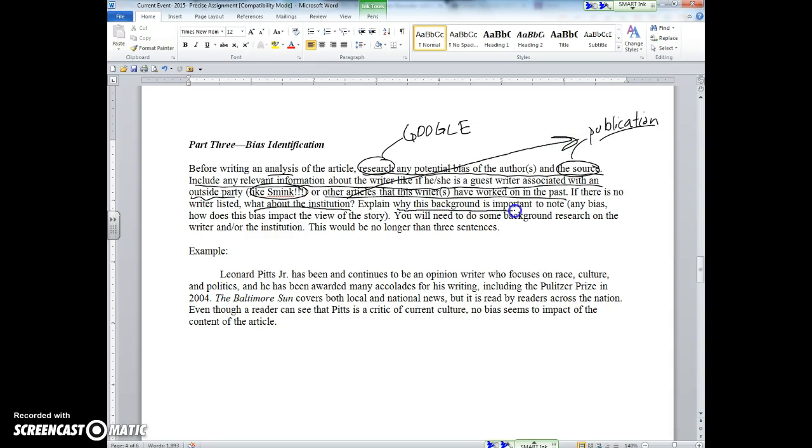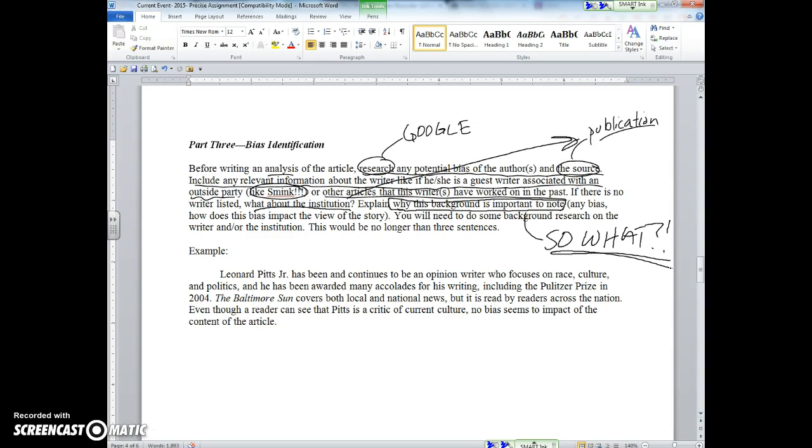Explain why this background is important to note. So why do I care about the bias? So what? Who cares? For example, if you wrote about Smink, you'd have to tell me why I care that Smink has bias. You should be knowledgeable that Smink is the vice president of the Summer Learning Association, because the whole article advocates for a reform in summer learning, not a complete revamp, but reforming a system that's already there.